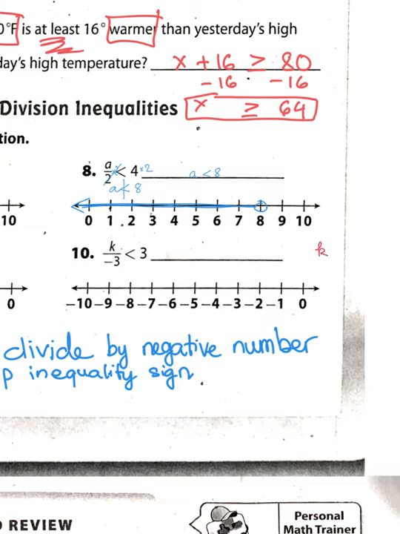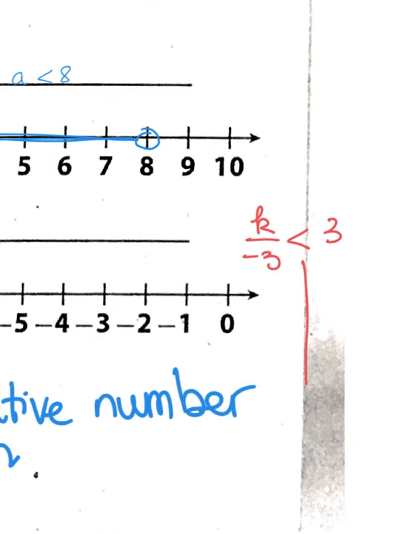So I draw the line. K divided by -3. So I'm going to do the inverse of it. I mean, I'm going to multiply -3 on both sides. Make sure -3 divided by -3 left me 1k. Now, what I just did is I multiplied by a negative number.